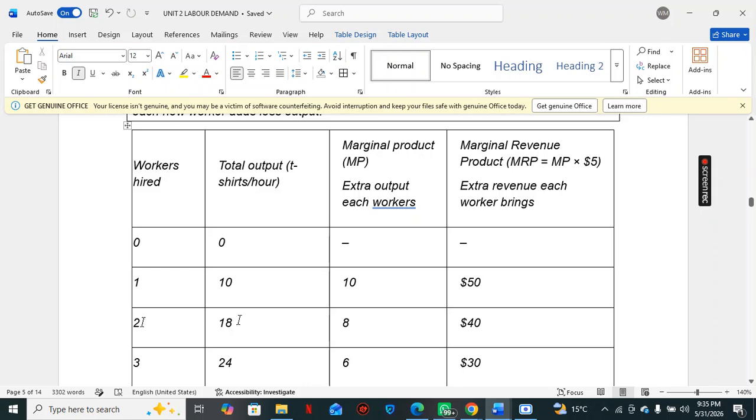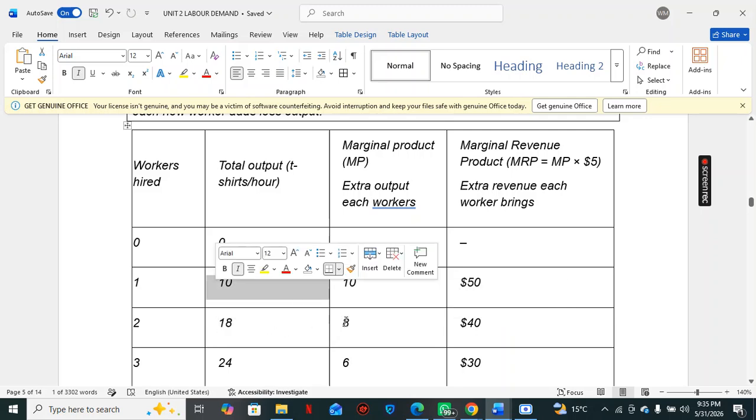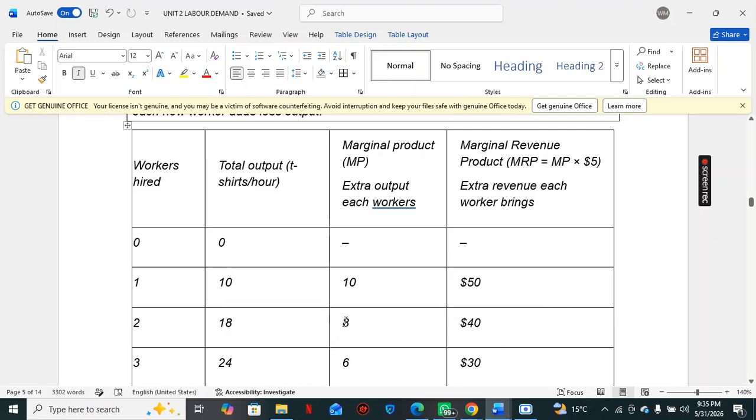So the additional output this second worker has brought is 8 units, 18 minus 10. What is the extra revenue from these 8 shirts? 8 extra shirts multiplied by $5, $40. As you can see here, marginal revenue product is dropping.